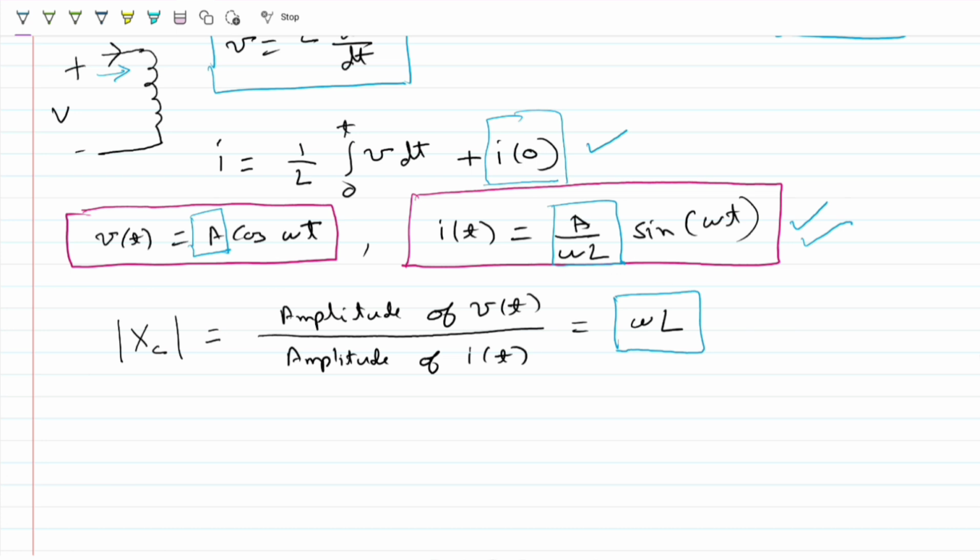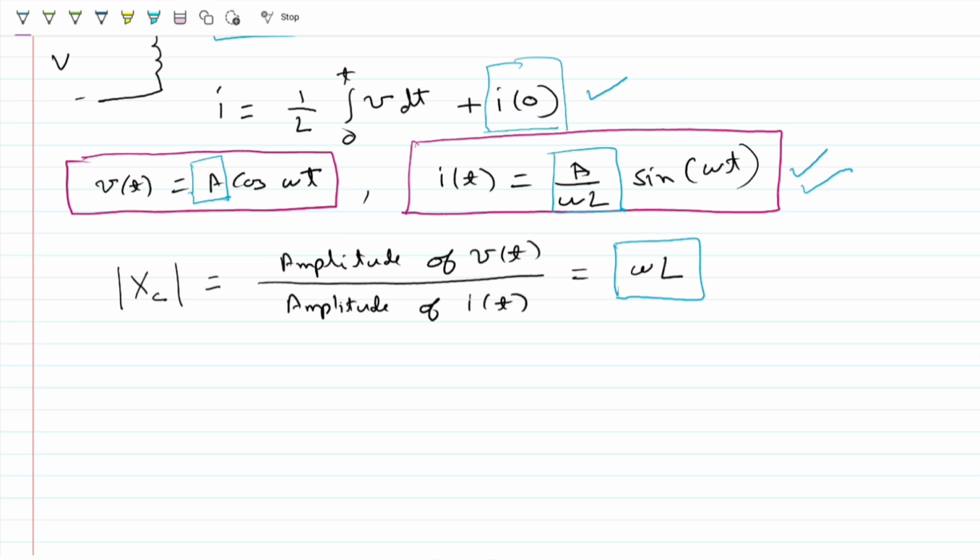As the frequency increases, the reactance also increases, which means that at a higher frequency it has a higher reactance, and it's more difficult for the current to flow through an inductor.